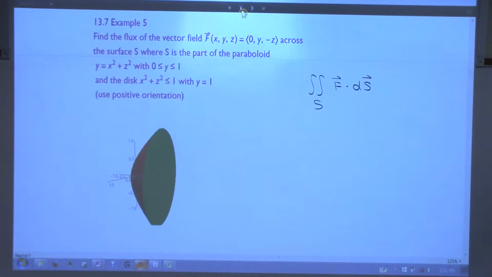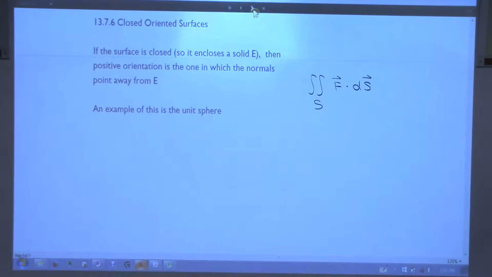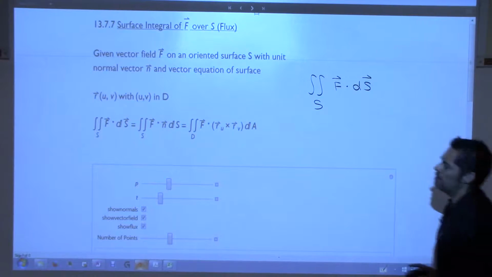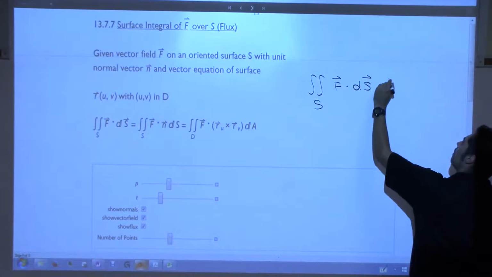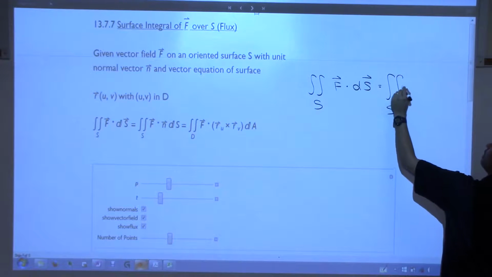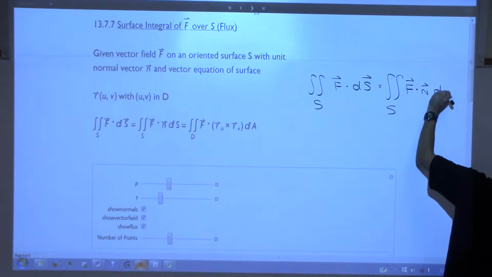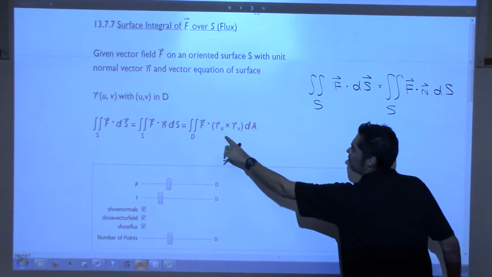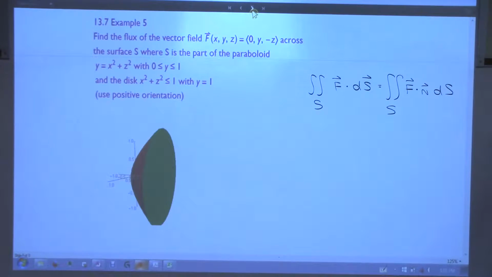That's what we use. So that's it right there. And this is equal to the surface integral over S of F dot N dS, and then this last one, okay? And then we had special cases, all right? So we want to get to this example.